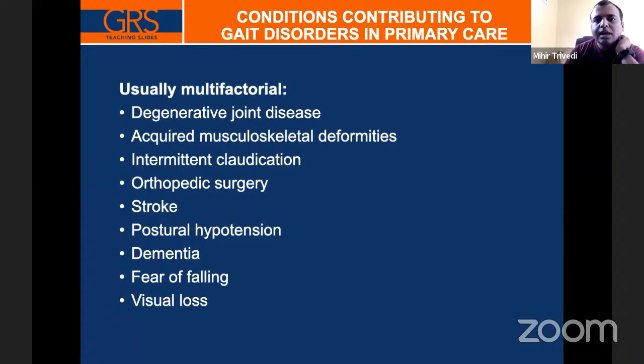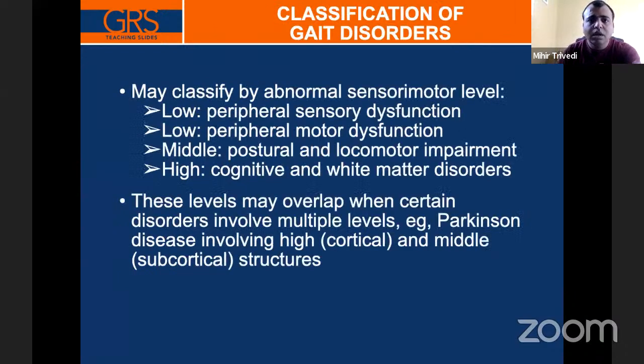Now, there are common disorders which affect gait in primary care. Usually we see multifactorial causes, like degenerative joint disease, acquired musculoskeletal deformities, intermittent claudication, orthopedic surgery, stroke, postural hypotension, dementia, fear of falling, visual loss. Now, we may classify by abnormal sensory motor level.